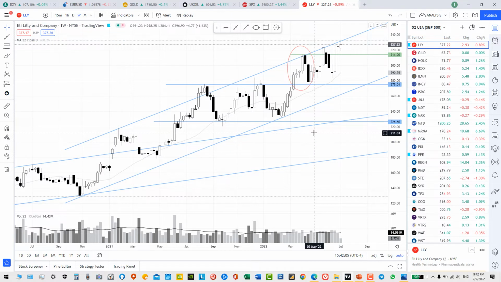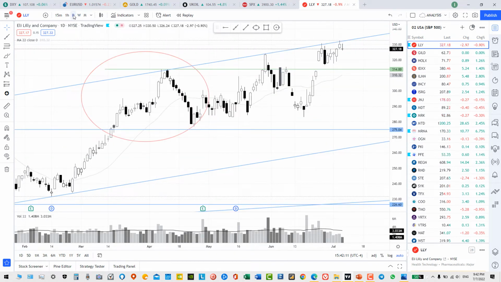Now let us explore the short-term details over the daily chart. And it's very, very bullish over the short term. Here is the short-term resistance that hit the stock hard several times before.